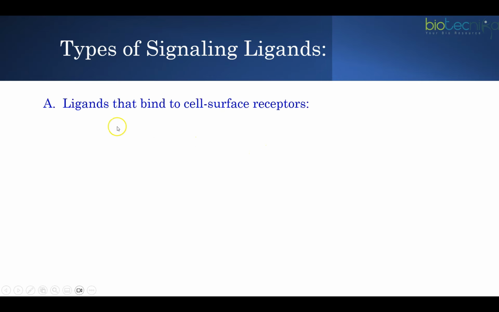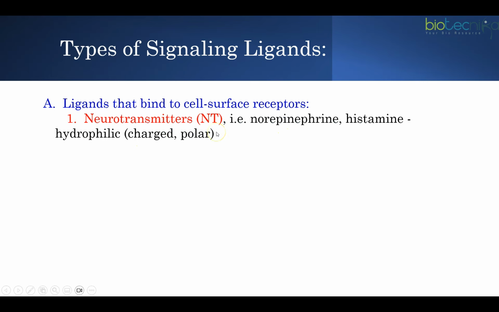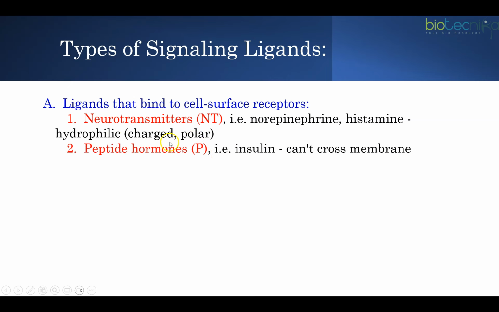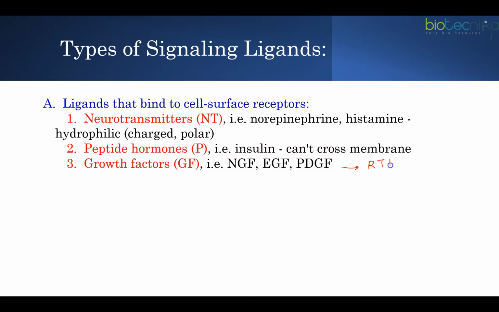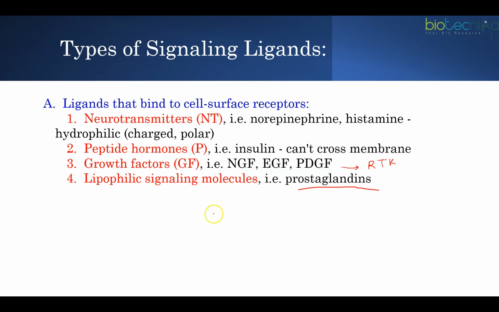Similarly, you have many signaling ligands that bind to cell surface receptors. One type is, for example, neurotransmitters like norepinephrine, histamine, which are hydrophilic molecules, charged polar ones. Peptide hormones, for example insulin, cannot cross the membrane. Then growth factors will be there, different types of growth factors. Generally, these growth factors will be taken by the receptor tyrosine kinase. Okay, and lipophilic signaling molecules, for example prostaglandins, will also be there.